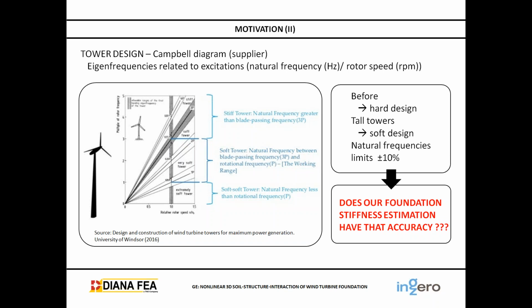So with such a small margin and such flexible towers, does our foundation stiffness estimation have that accuracy? We wonder and we ask that question, because as the influence of the foundation grows, are we near that 10%? How does our stiffness influence the accuracy of that frequency?